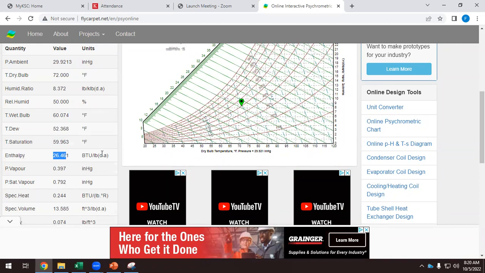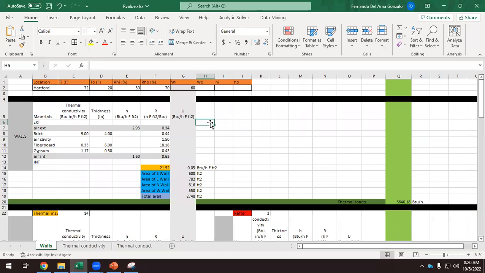The enthalpy is 26.46 BTU per pound. Okay, so we have to type here indoor enthalpy, it's 26.46, and the units are important now. The units are BTU per pound.